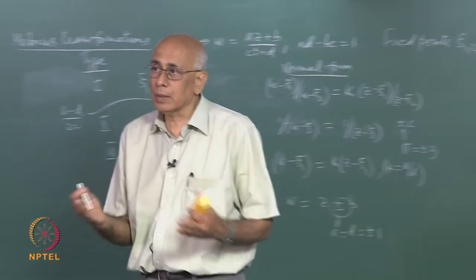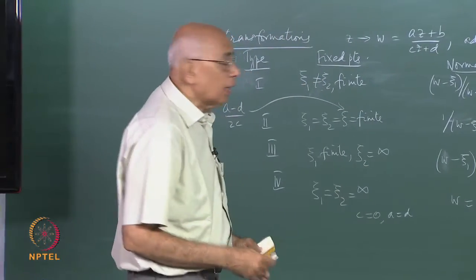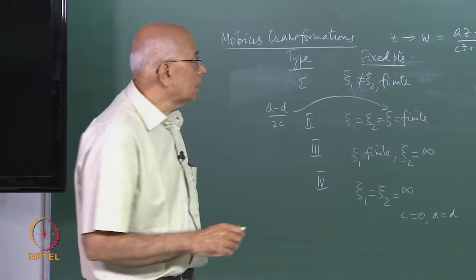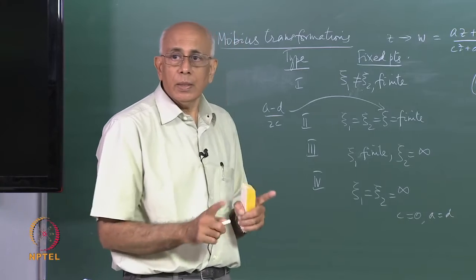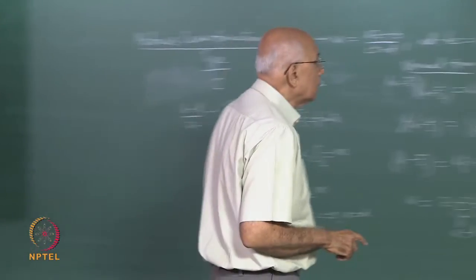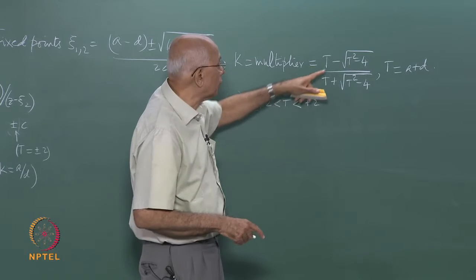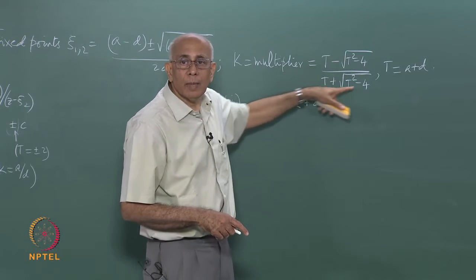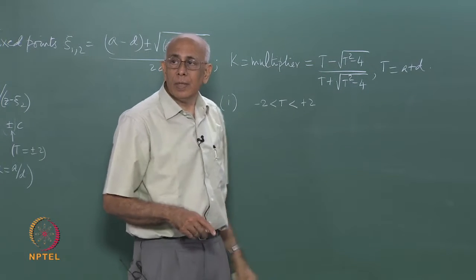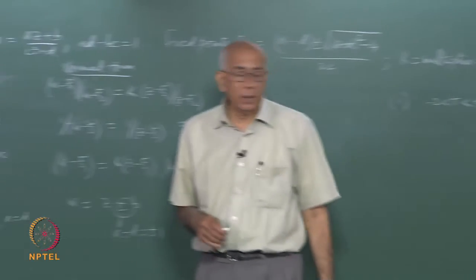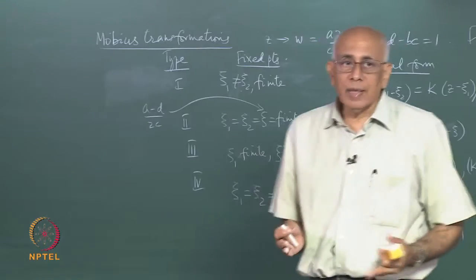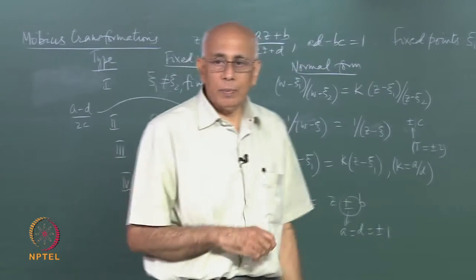A, B, C, D are complex constants in general, but if A plus D is real and it lies between -2 and +2, then it is clear that this K has unit modulus, because it is of the form A minus iB over A plus iB, where A and B are real numbers, and the modulus of each of these is the same, square root of A squared plus B squared.